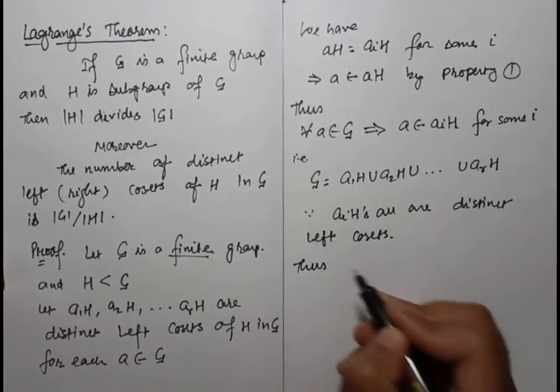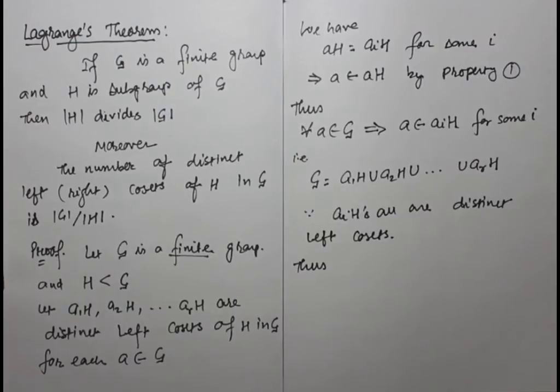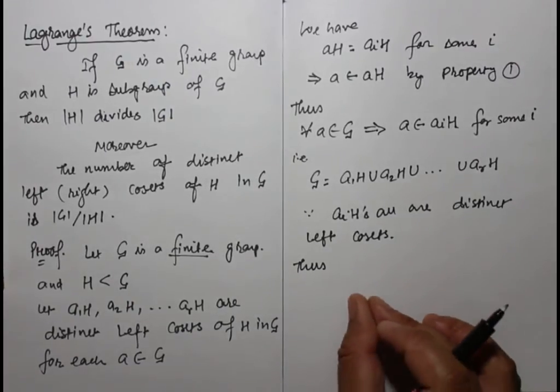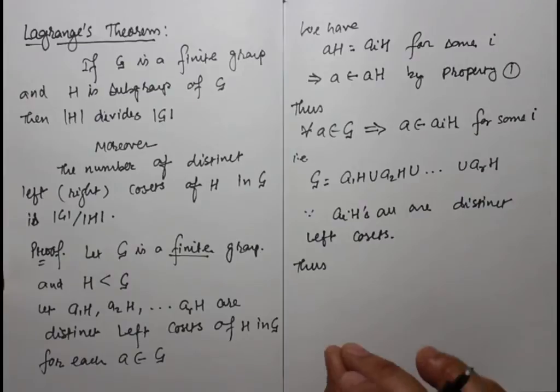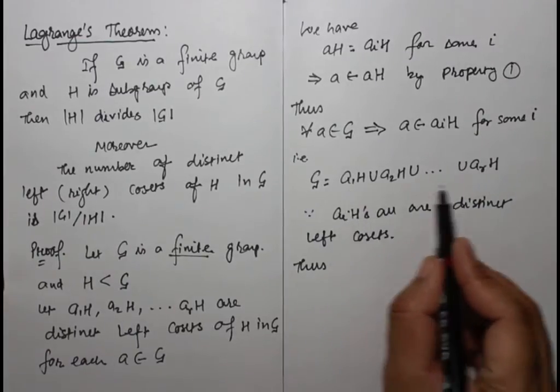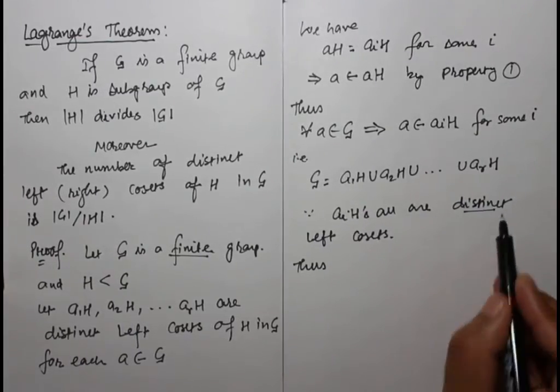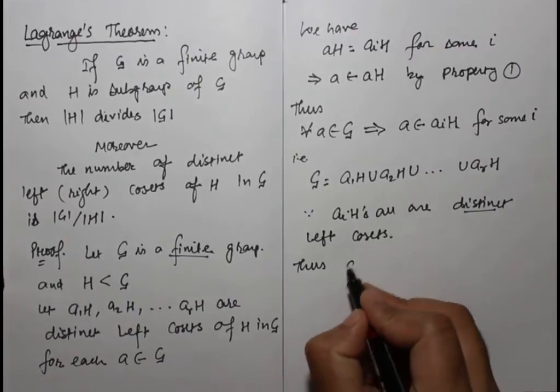Thus we know every two cosets are either disjoint or identical, but all cosets are distinct, so they are disjoint.